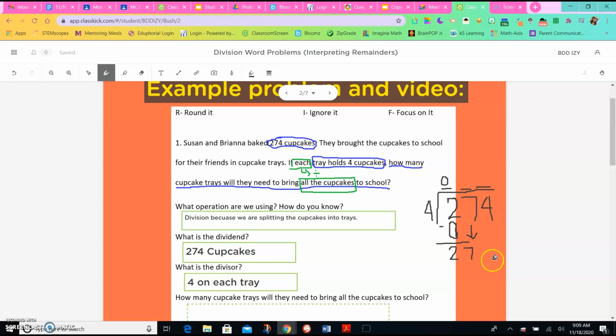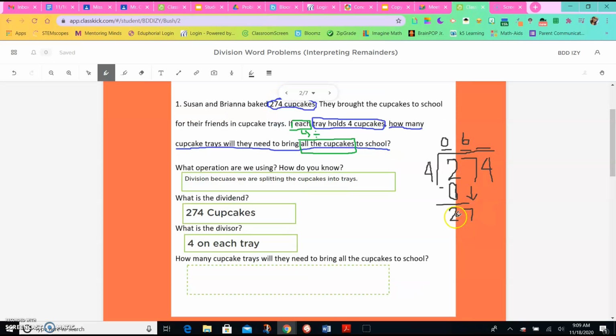How many groups of 4 can I get out of 27? I can get 6 groups of 4 out of 27. 4 times 6 equals 24. And then I subtract. 7 minus 4 equals 3. 2 minus 2 equals 0. 3 is less than 4, so I can bring down my 4, and I'm going to start all over.